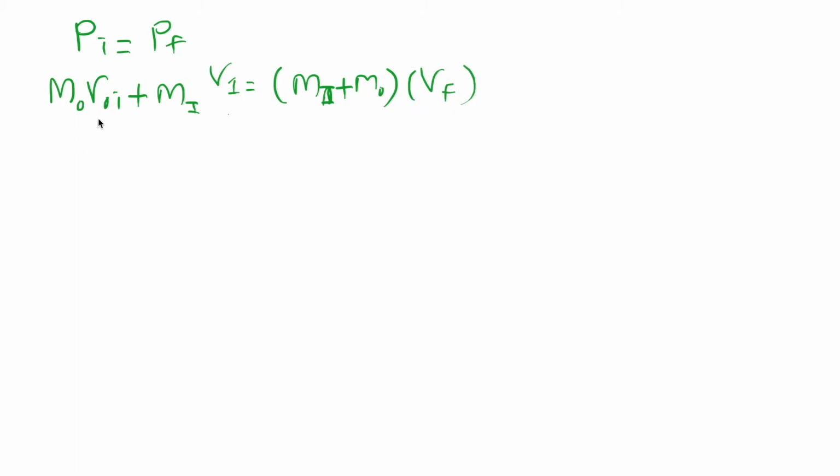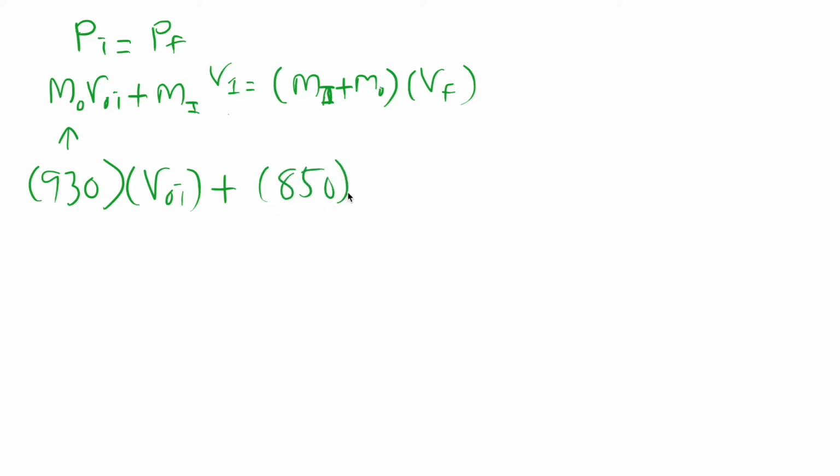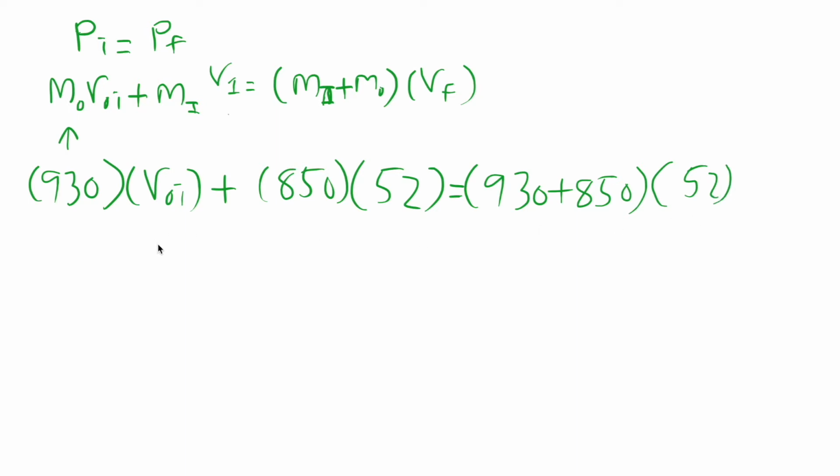And we know all of those quantities, right? O has a mass of 930 kilograms, and we don't know its initial velocity. Car I has a mass of 850 and a constant speed of 52. So this is equal to 930 plus 850 times their combined speed, which is 52. By solving this equation, we know the initial velocity of car O is equal to 58 meters per second.